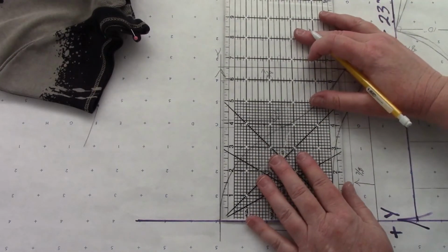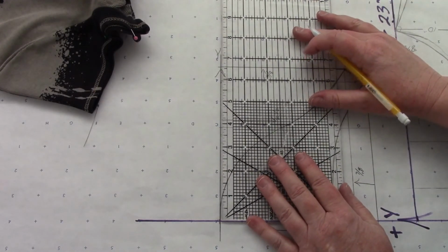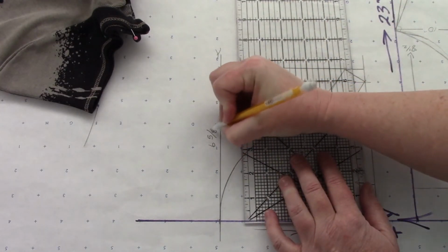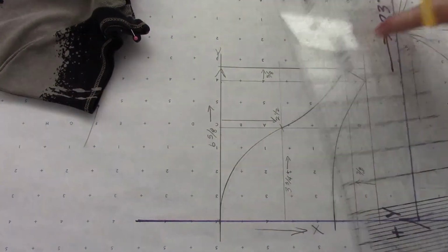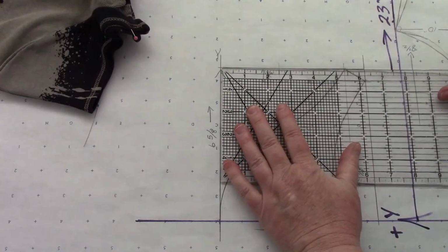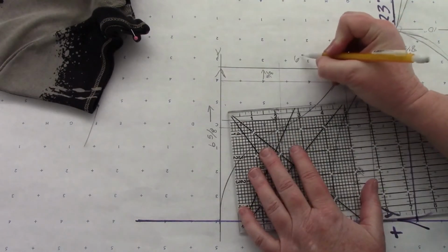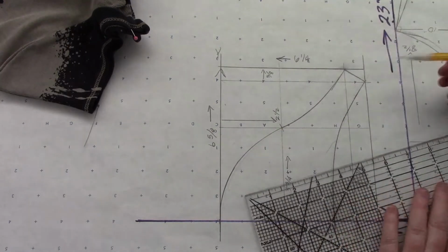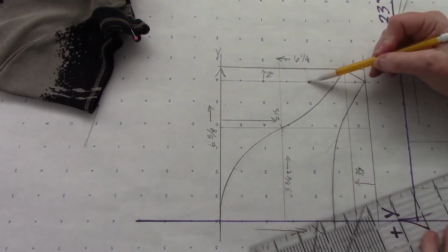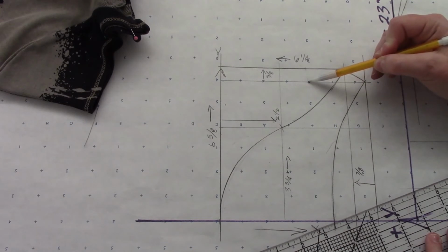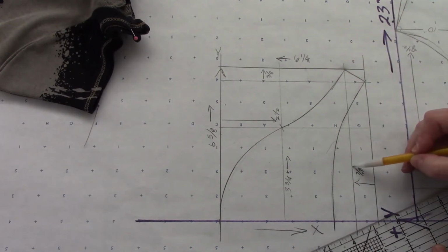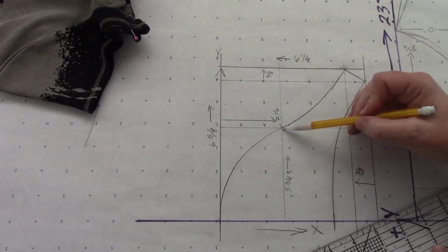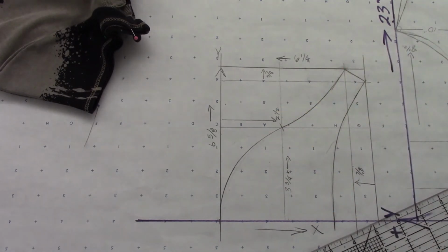And the width of my sleeve is 6 5/8, going that direction, and the height of my sleeve is 6 1/4, going that direction. And then this line is 5/8 of an inch away. This line is 7/8 of an inch up. This one's 2.5 inches down, and that one's 3 3/4 of an inch up.